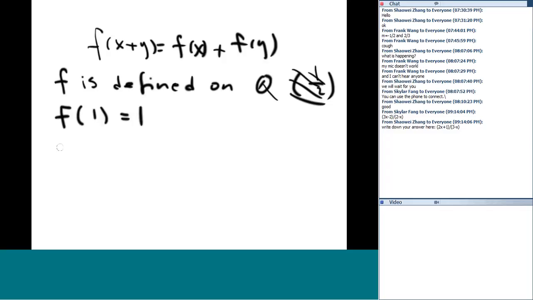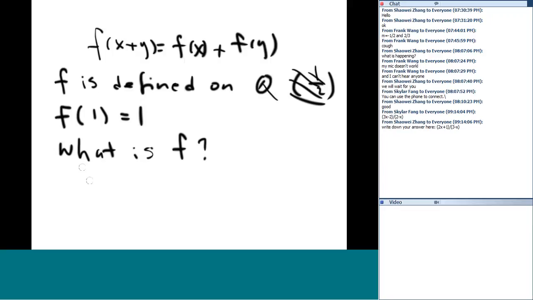Then what is f? Do you guys know? A constant? Can it be constant? A constant would have to be 1. Then 1 equals 1 plus 1? Never mind.